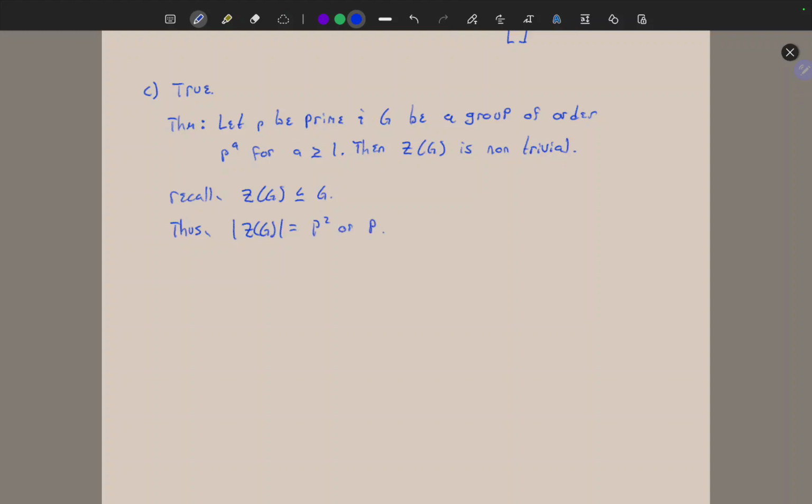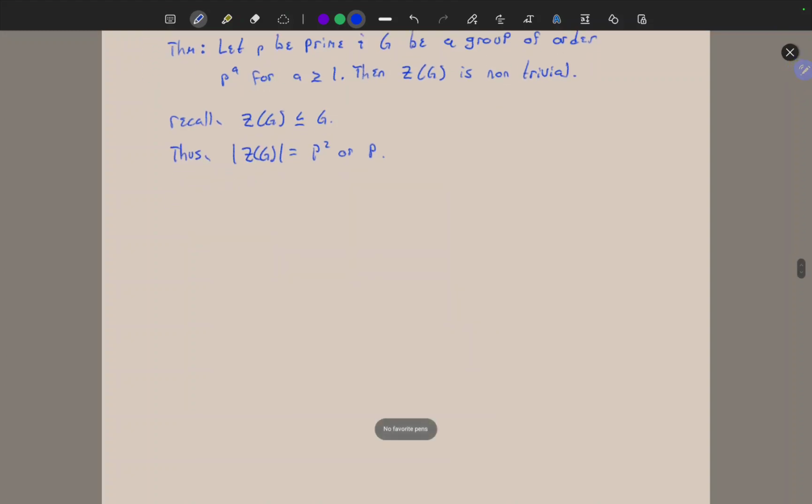We have two cases. In the case that it's P squared, it follows very easily actually. So if the order of the center equals P squared, well, let's think about what that's saying. The center is a subgroup of G, and G itself has order P squared. That tells us that these two groups are actually the same.